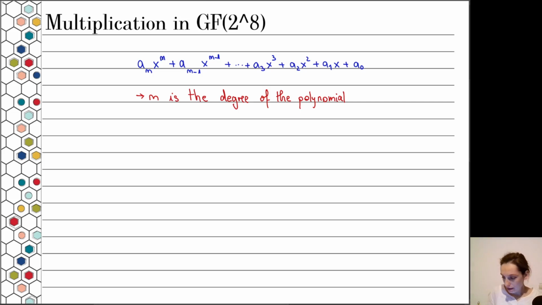So let's see an example how to multiply two polynomials in this field.